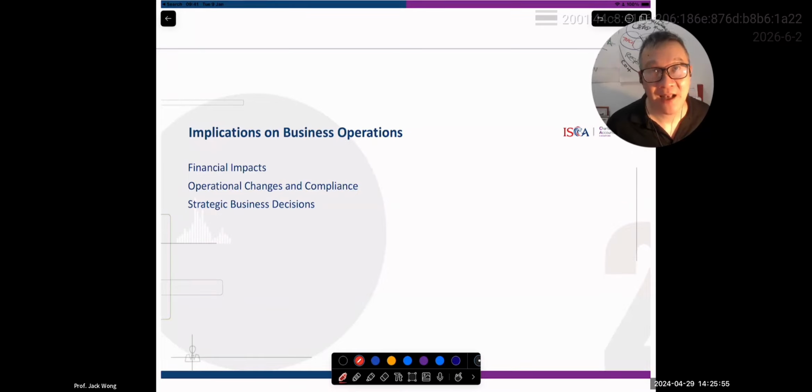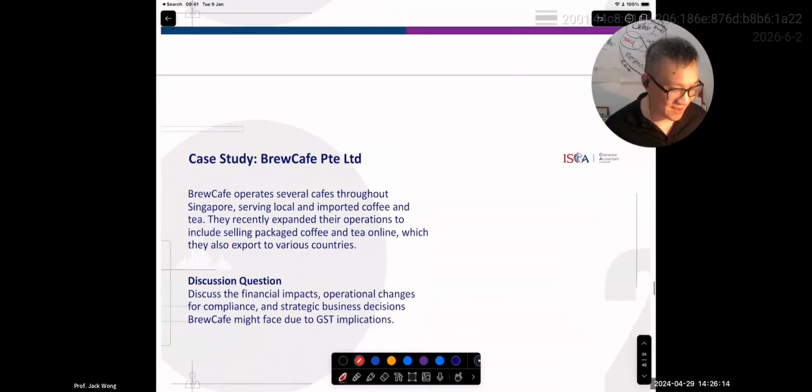How do you ensure that there's no cash flow problem? How do you ensure that your clients have no complaints, no disputes about you charging GST at 12%? I mean, just for discussion. So all this becomes part and parcel of your strategic business decision-making process.